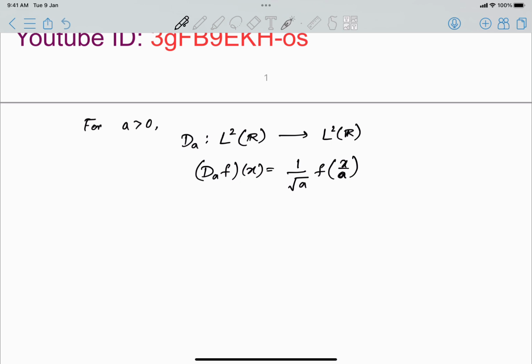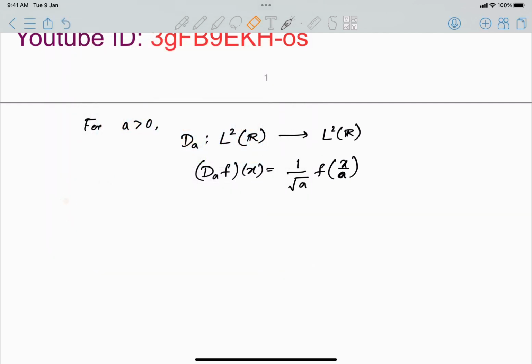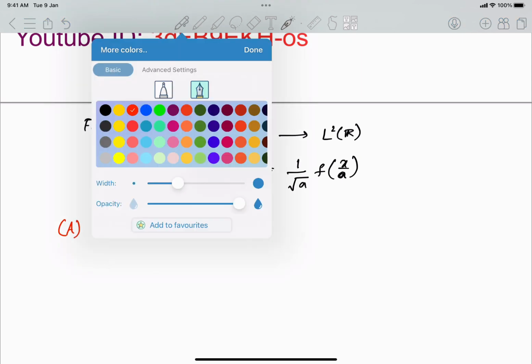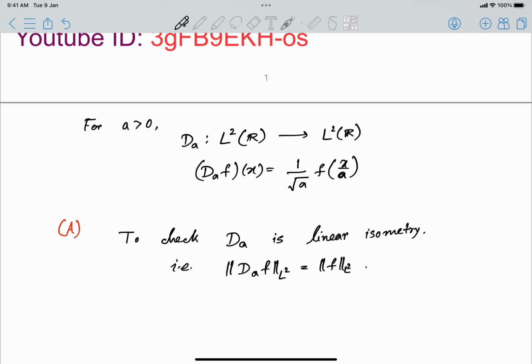So isometry means, so this is option A. To check isometry, dA is linear isometry means the L2 norm of dA f is the same as the L2 norm of f or not.